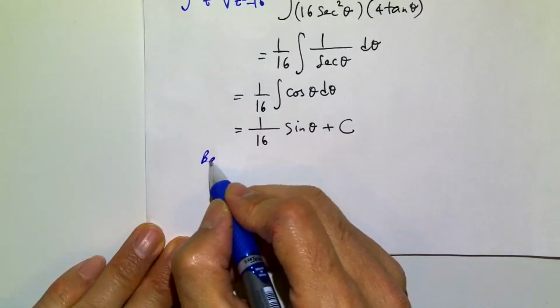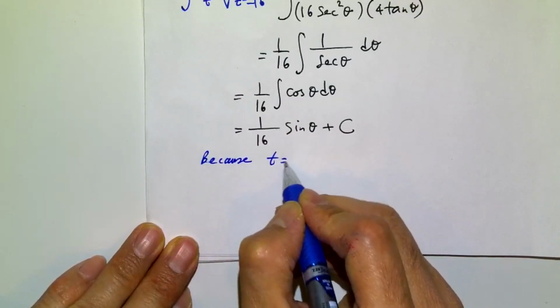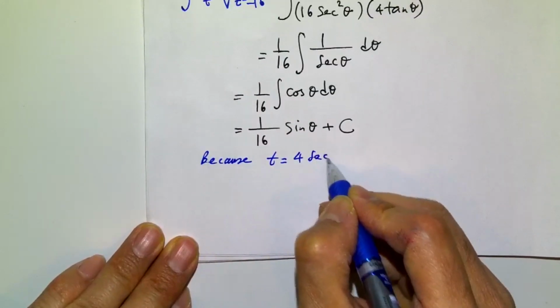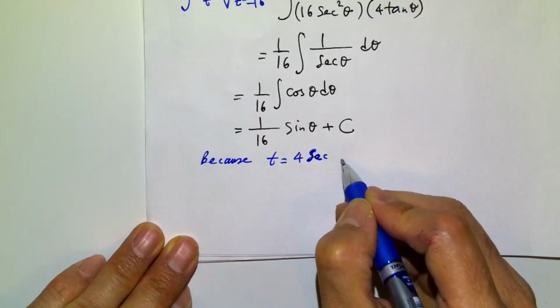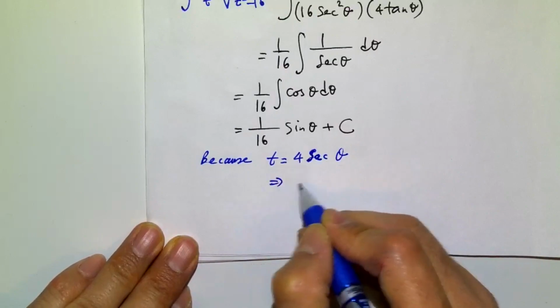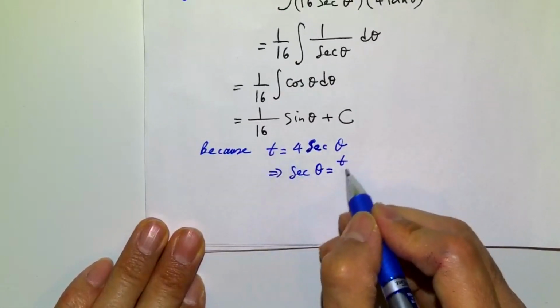To do that, because we took t to be 4 secant theta, therefore secant theta is equal to what? t over 4, right?